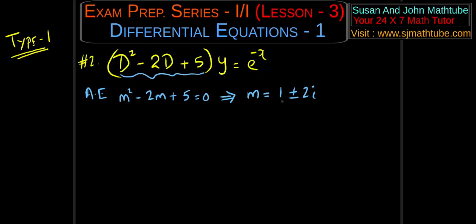So this is the third possibility, imaginary numbers, complex numbers. So the solution, which is called the complementary function, is y is equal to e to the power 1x times cos 2x plus sin 2x, and we are supposed to multiply this by c1 and this by c2.